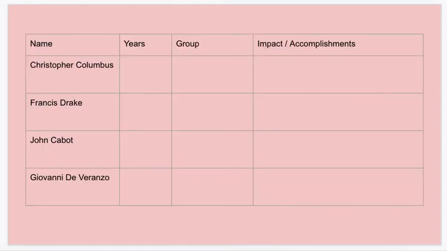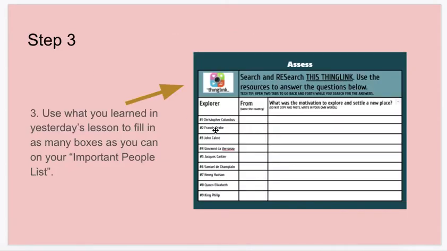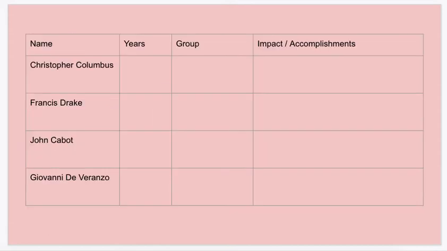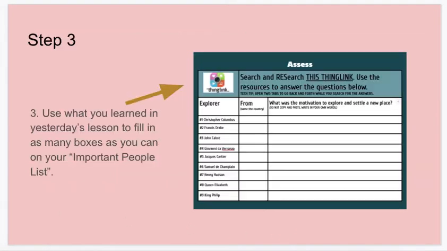Today, your job is to record the years that they were alive, the group that they were a part of, so this you might be able to find up here on what country they were from, and finally, what their impact was or what accomplishments they made. You may not be able to fill out all of these boxes using the assignment from yesterday, but step 3 is just to fill out as many as you can using that information.